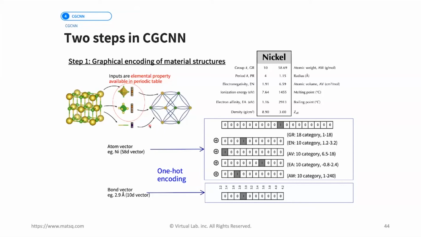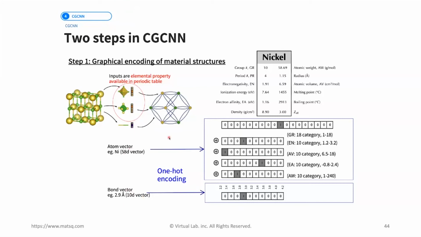It's quite intuitive. Then assign the feature vector to the node. Various basic information is assigned to the node vector, like element information using a one-hot encoding scheme. The edge vector is defined by the bond length.